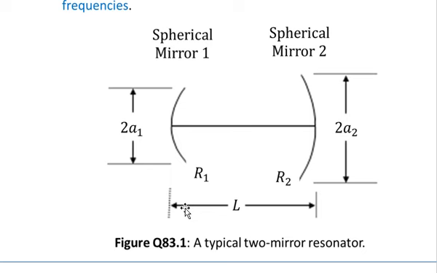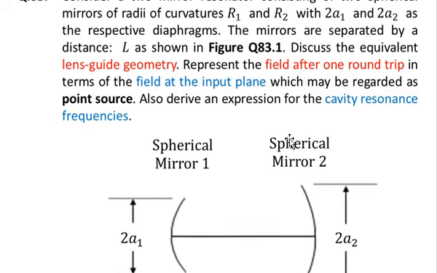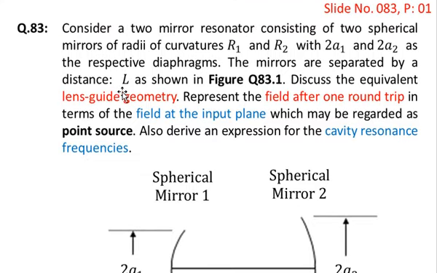But we cannot apply Fourier optics to calculate the field in one round trip in a very simple way. So what we need to do is, as suggested in the question, discuss equivalent lens guide geometry.